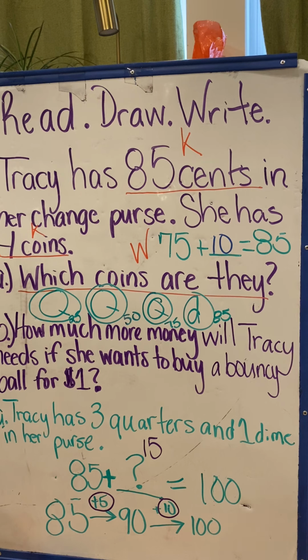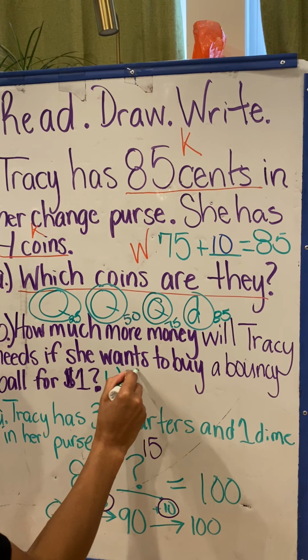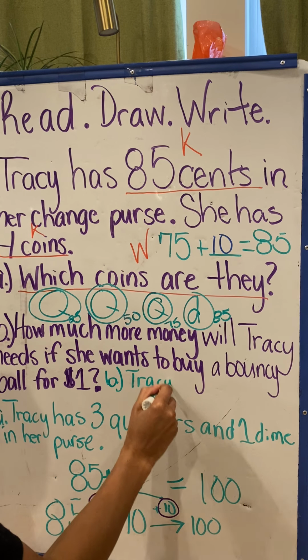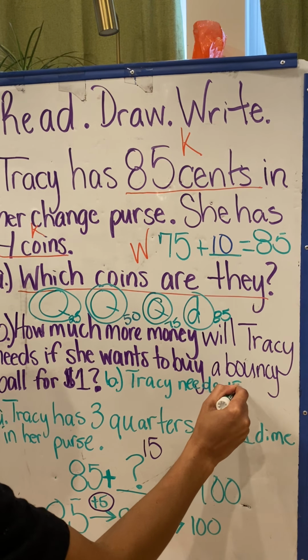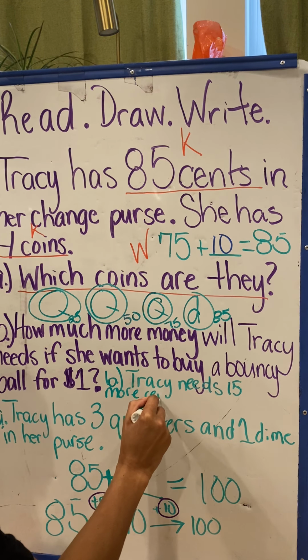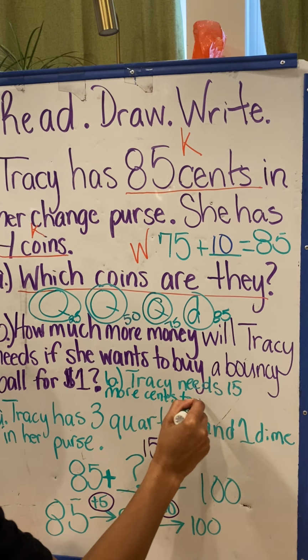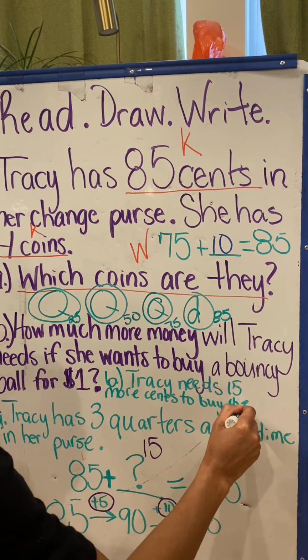So for question B, I can say, this is B, Tracy needs 15 more cents to buy the ball.